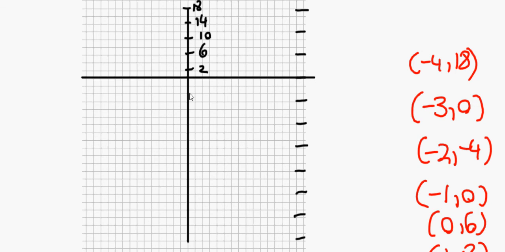Then down another 2 will be minus 4. Minus 8. Minus 12. Minus 16. Minus 20. Minus 24. There's a lot of points there.